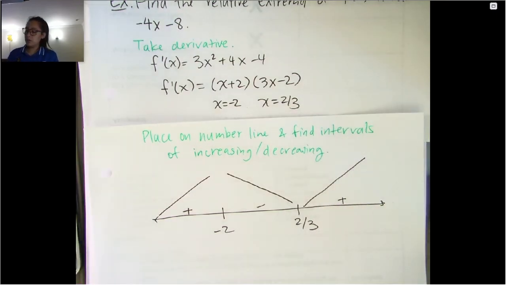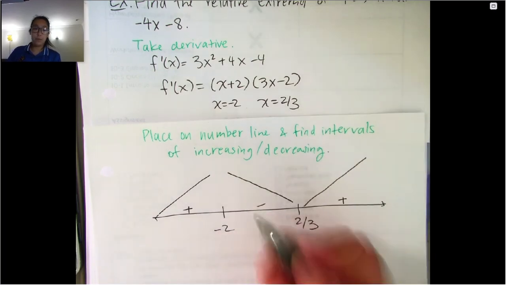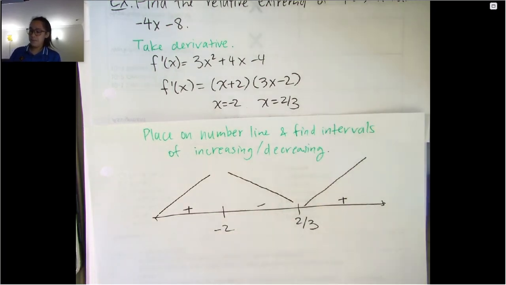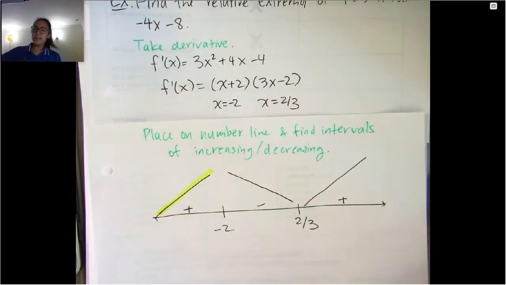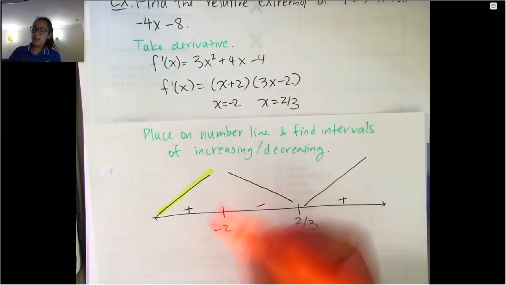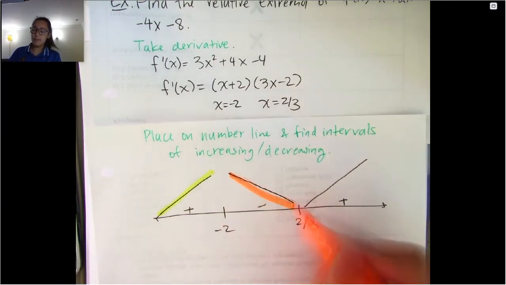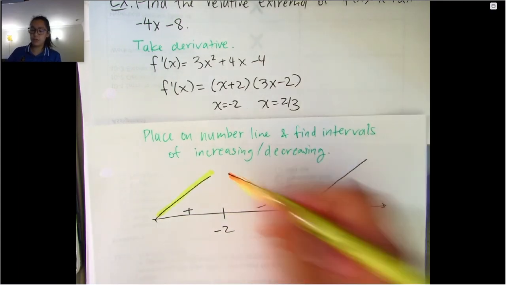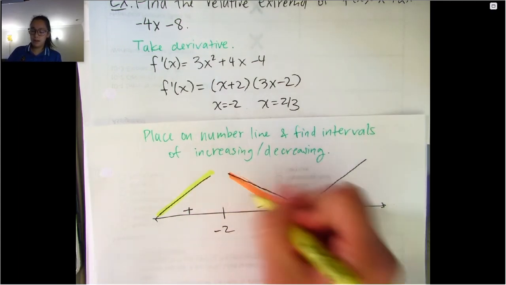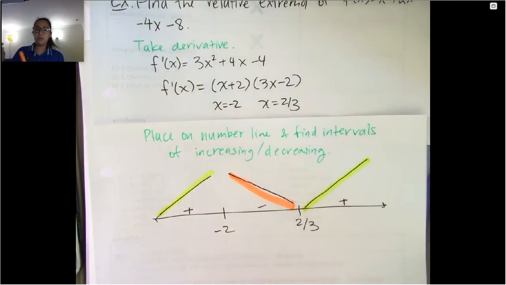Okay, and so you can see here that we're switching from positive to negative. So f prime is switching from positive, where f of x is increasing, to negative, where f of x is decreasing. And then at 2/3, we're switching from negative f prime of x to a positive f prime of x, meaning we're switching from decreasing to increasing.